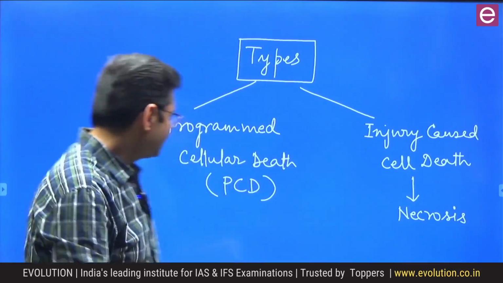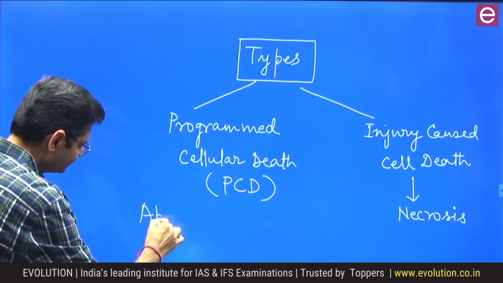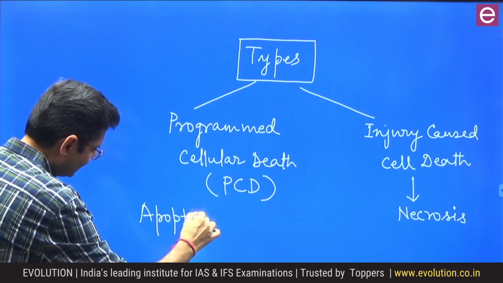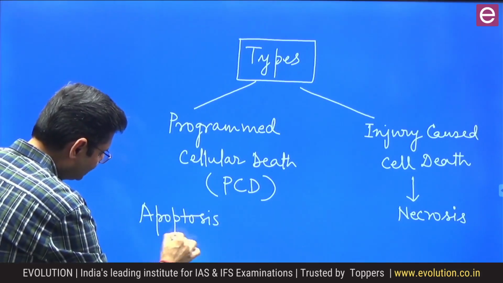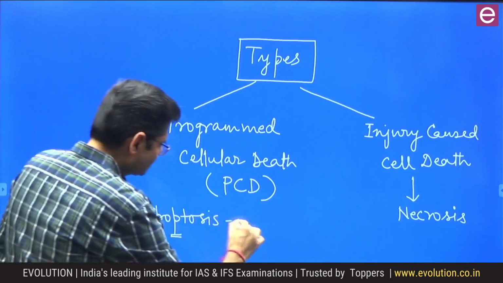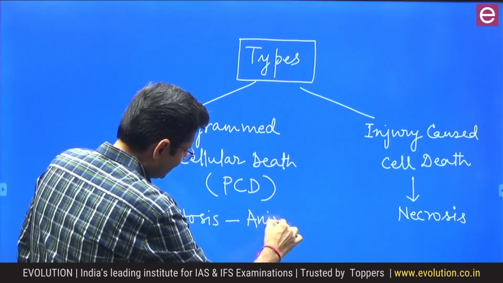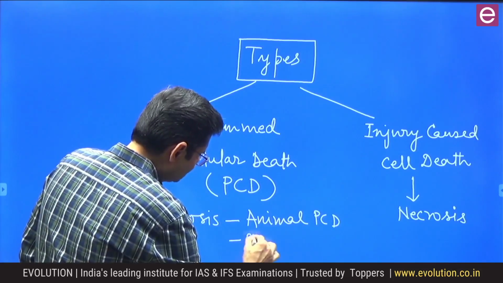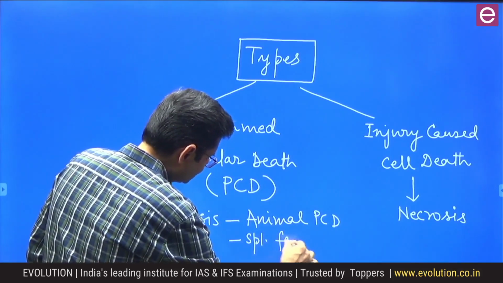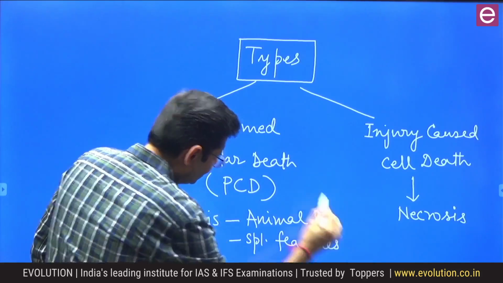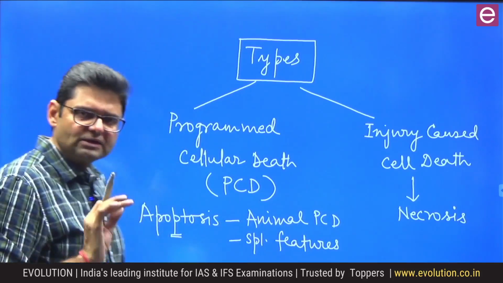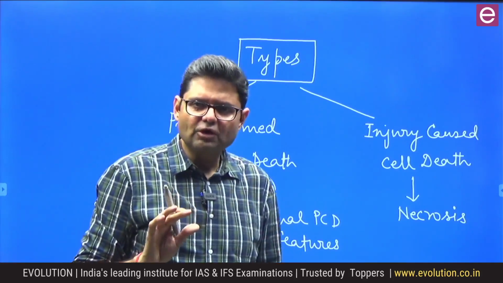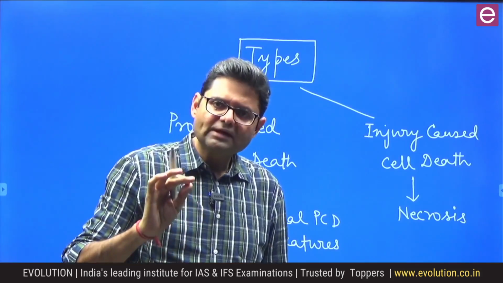Okay. So apoptosis, and mind it, the second P is silent. Apoptosis is animal PCD and it is accompanied by certain special features. To be precise, there are four special features which we are talking about. What are those four special features?